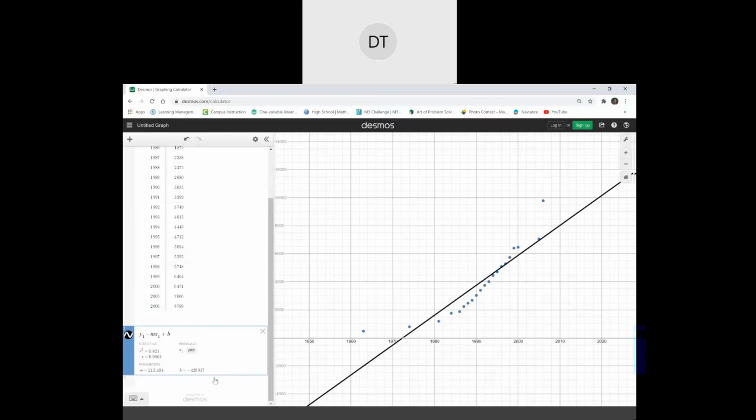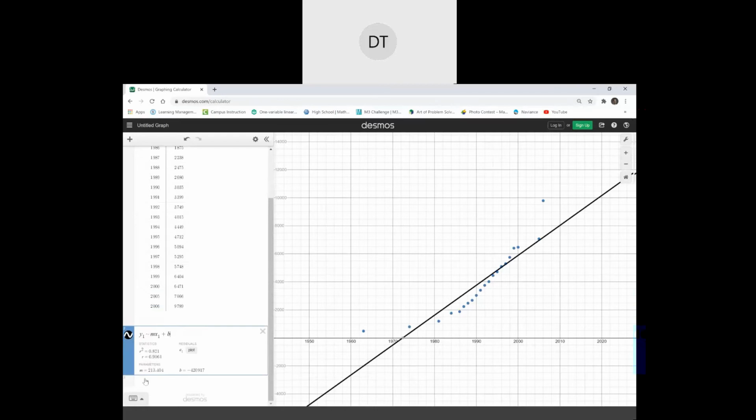If we look at the linear function, we have an R value of 0.9061, which is a relatively strong correlation, but the R squared value is 0.821, which means 82.1% of the data fits the model.